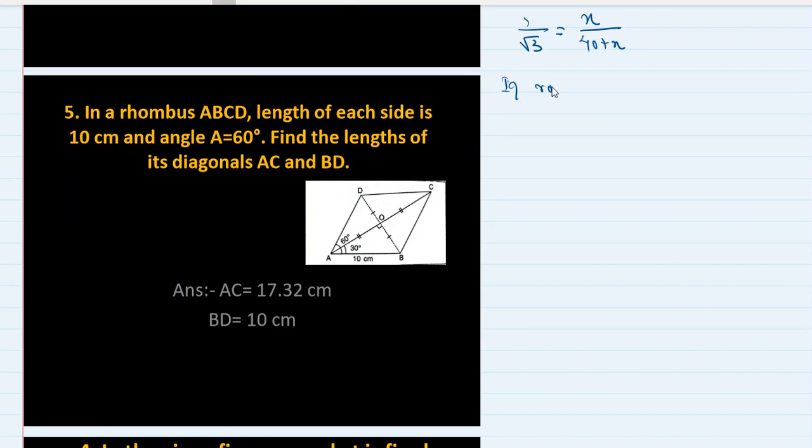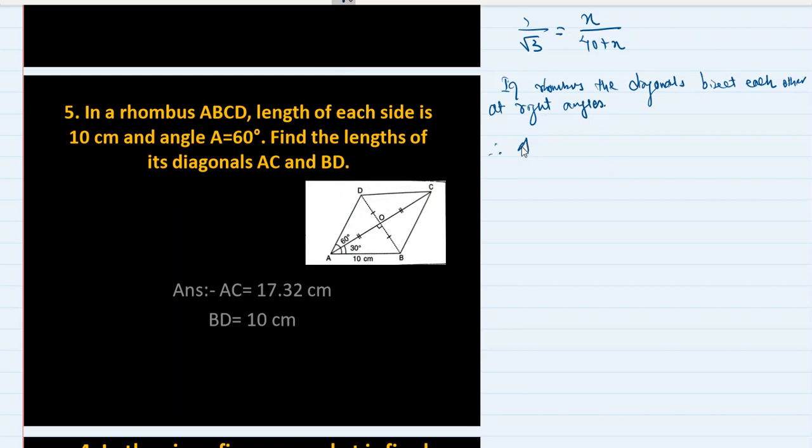In a rhombus, the diagonals bisect each other at right angles.